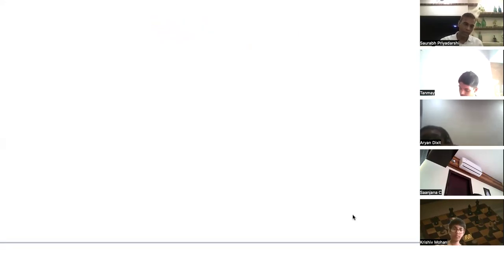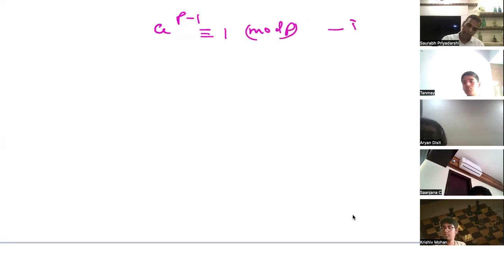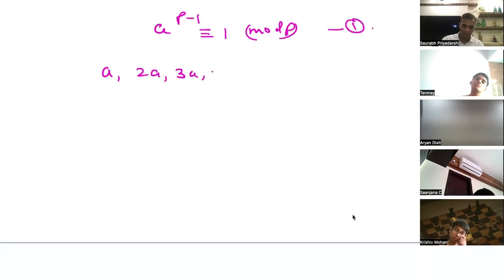First, we have to prove that a to the power p minus 1 is congruent to 1 mod p. So I'm taking the multiples of a, all the p minus 1 multiples of a: a, 2a, 3a, 4a, up to (p minus 1)a.